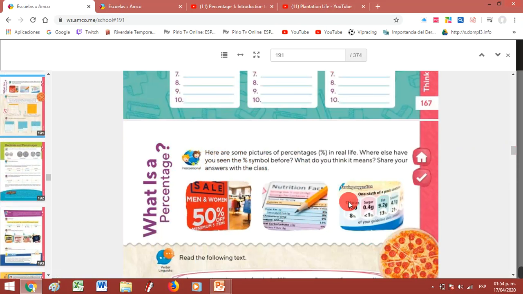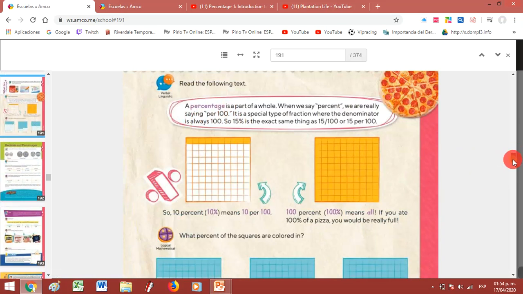Here you have 1, 2, and 3, and here you have to read the following text. It's about more or less what a percentage is and what it really means when we say percentage.